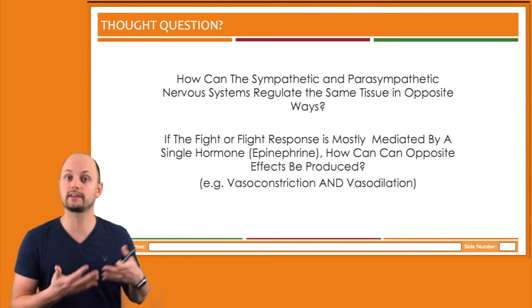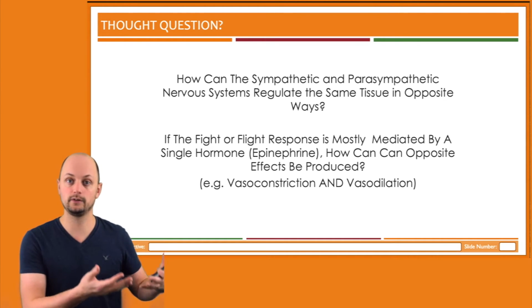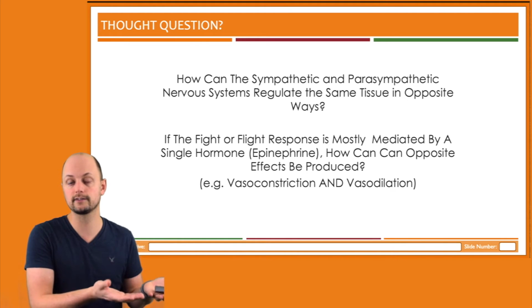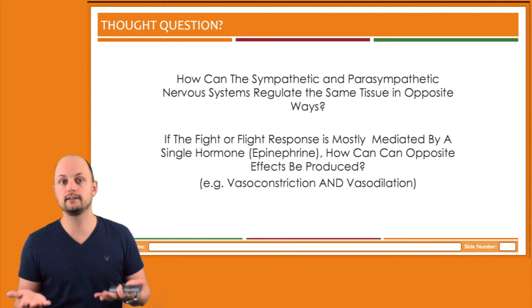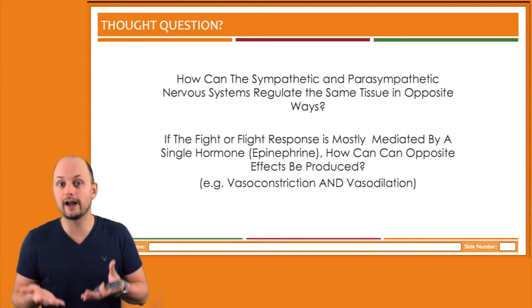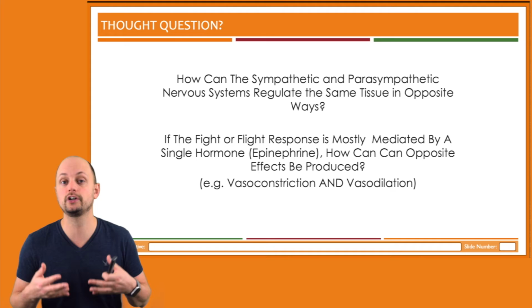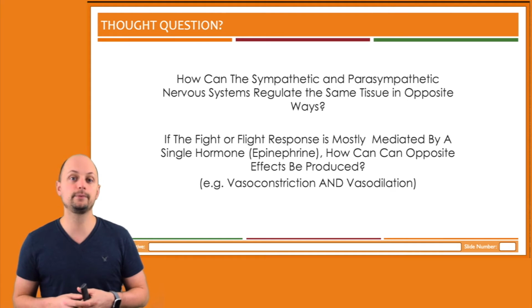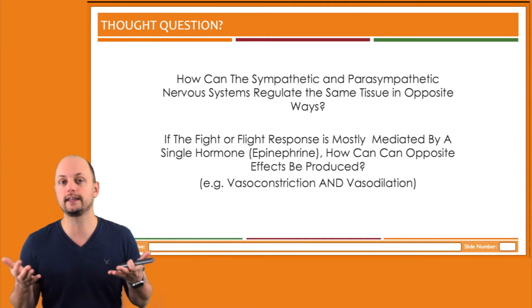That happens around skeletal muscle and to increase the blood flow to my heart and to my lungs. But in other places inside the body, during the fight or flight response, I'm going to contract smooth muscle instead to shut down blood flow. That happens in the GI tract and in the kidneys.